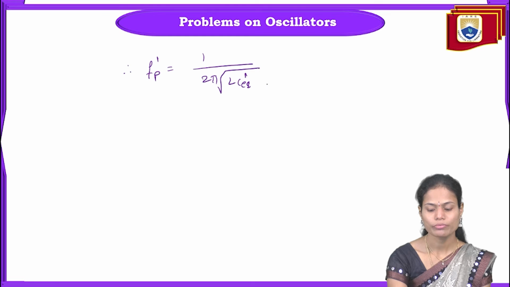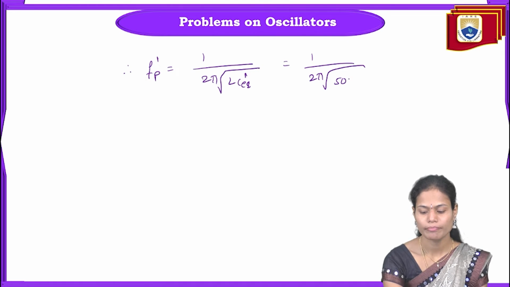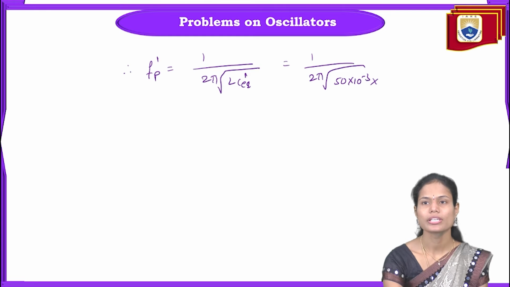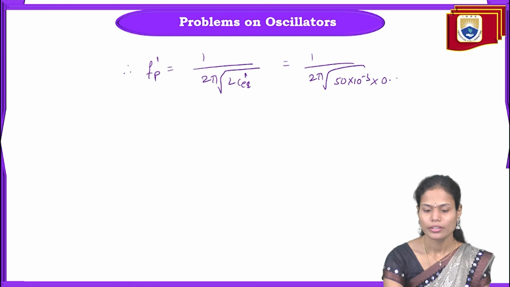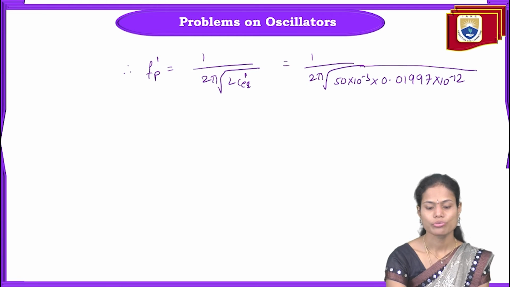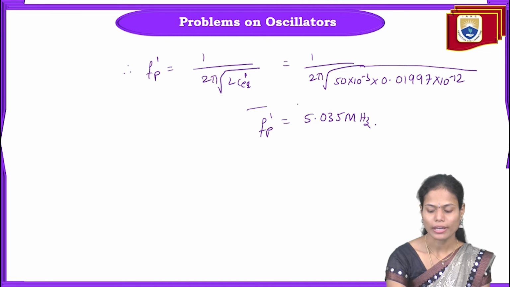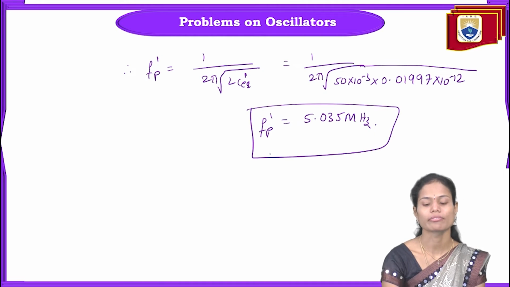So if we substitute all these values, that is 1 by 2 pi under root of, inductance value is 50 millihenries, and the C equivalent is 0.01997 into 10 power minus 12 here. So if we simplify it, we will get 5.035 megahertz as the new parallel resonant frequency.